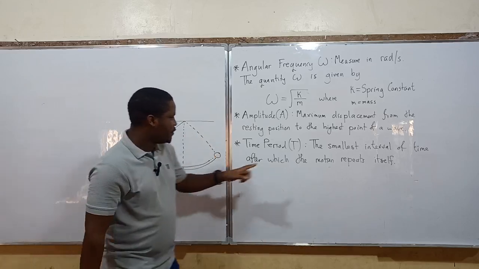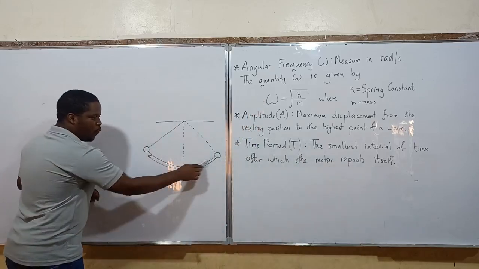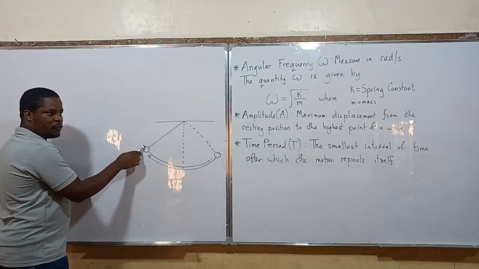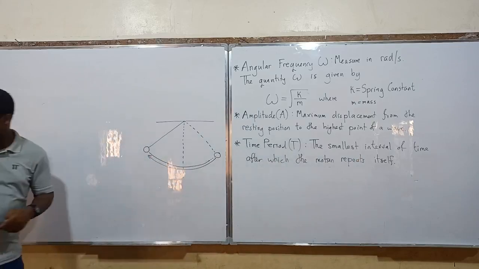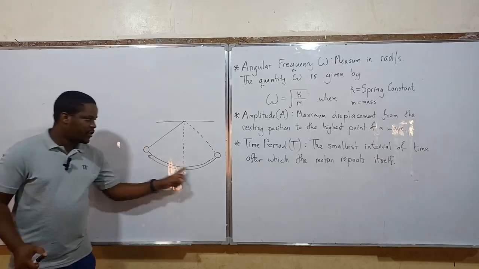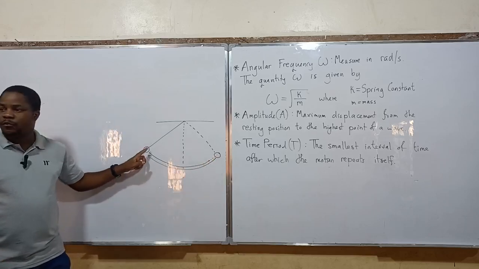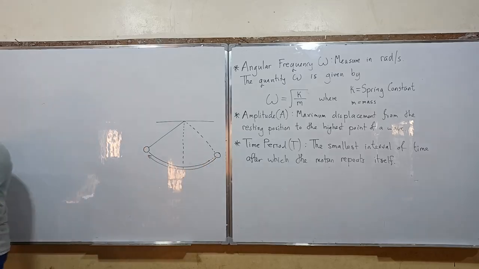So the smallest interval of time at which the motion repeats itself means the time taken to complete one oscillation. One oscillation is not one swing. This is half; when it goes back to its original position, that is now one.